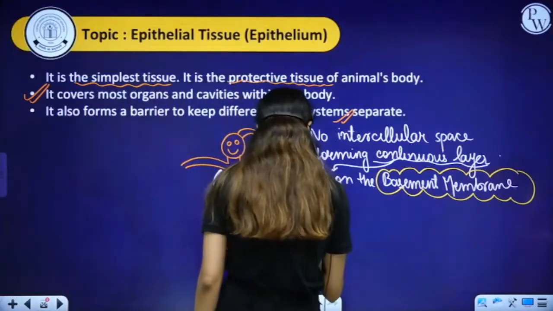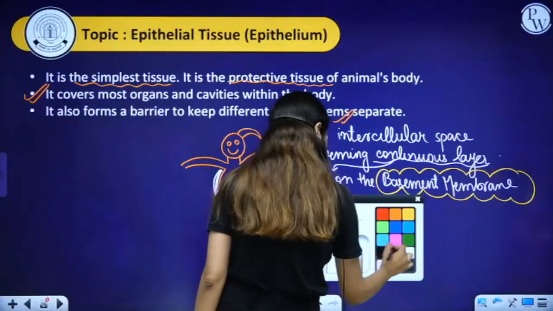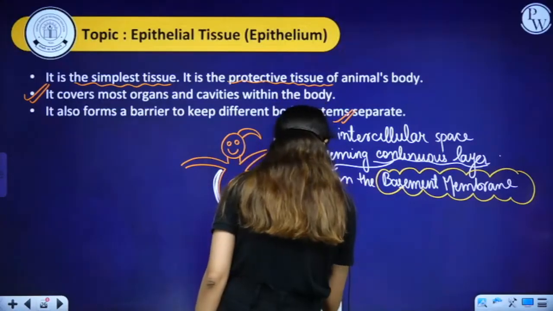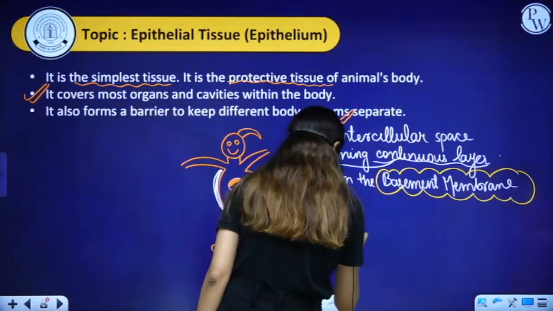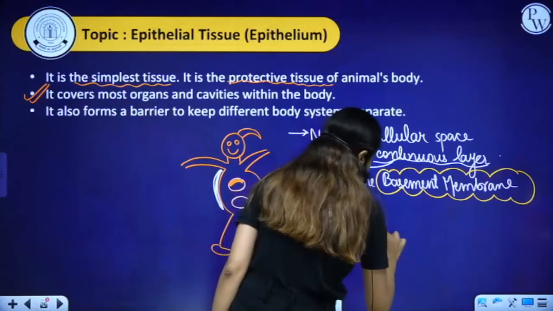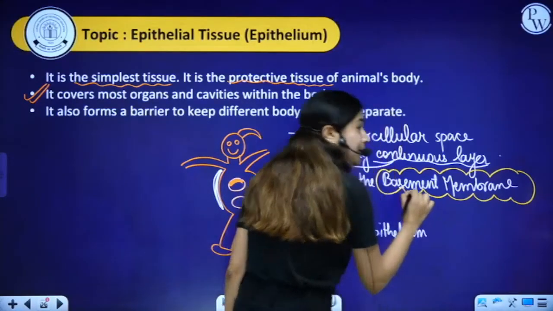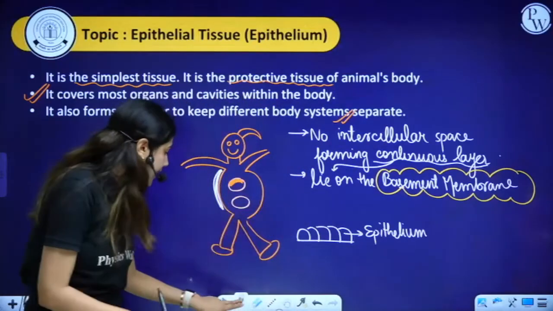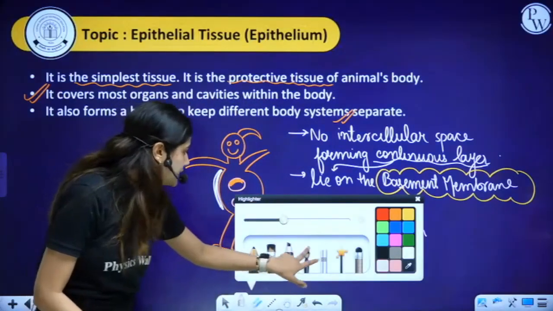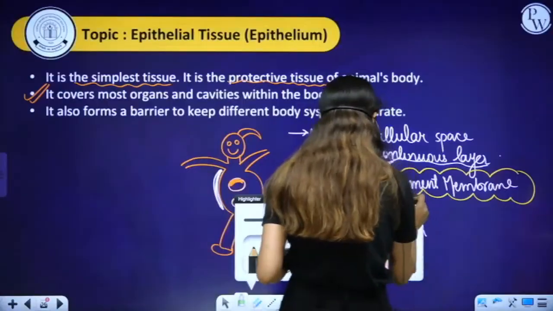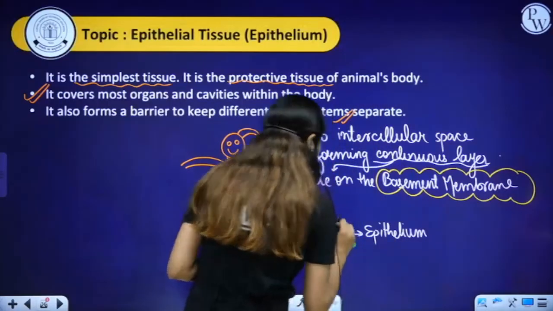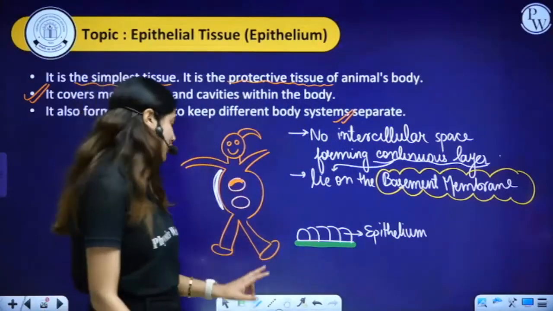Let's say this is my epithelium, epithelial tissue basically, and it is present over a basement membrane, right? May I draw that basement membrane here, guys? Shall I draw it? So this is the basement membrane over which it is present.